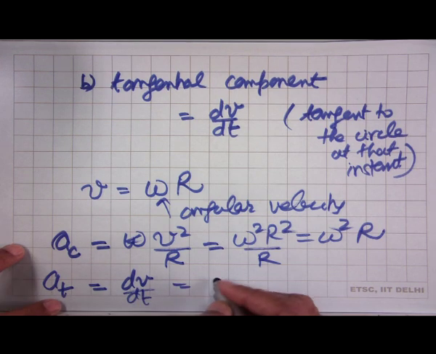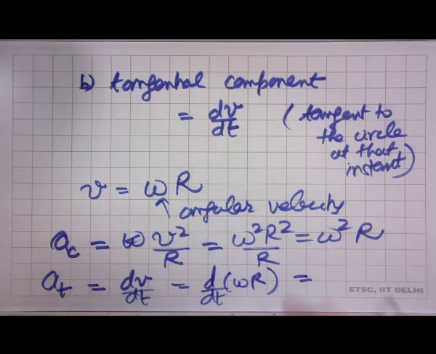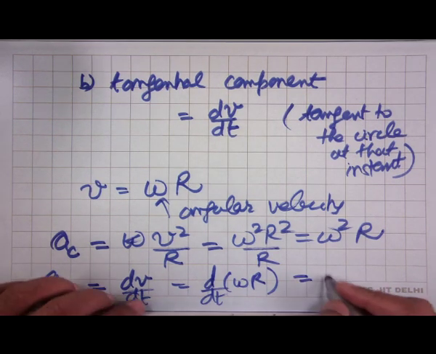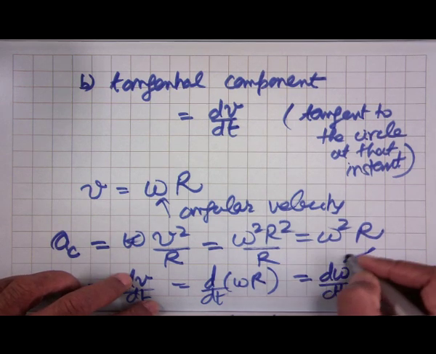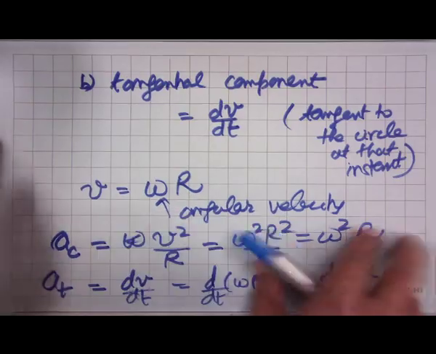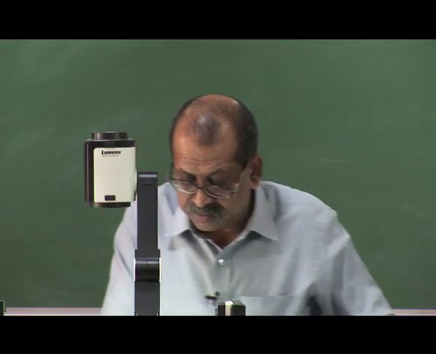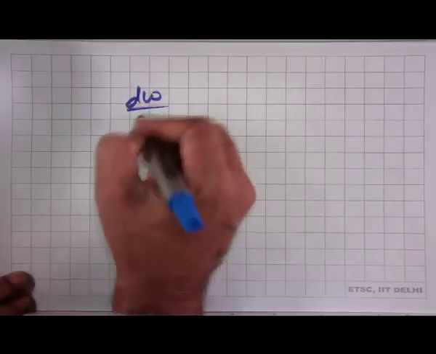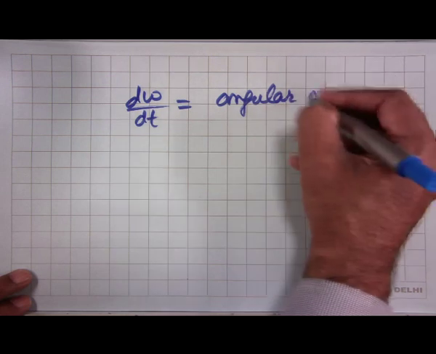So, this becomes equal to d by dt of omega times r. r is a constant. So, therefore, this becomes equal to d omega by dt times r, and d omega by dt, what we have written here, this is called the angular acceleration. Rate of change of angular velocity, this is called the angular acceleration.